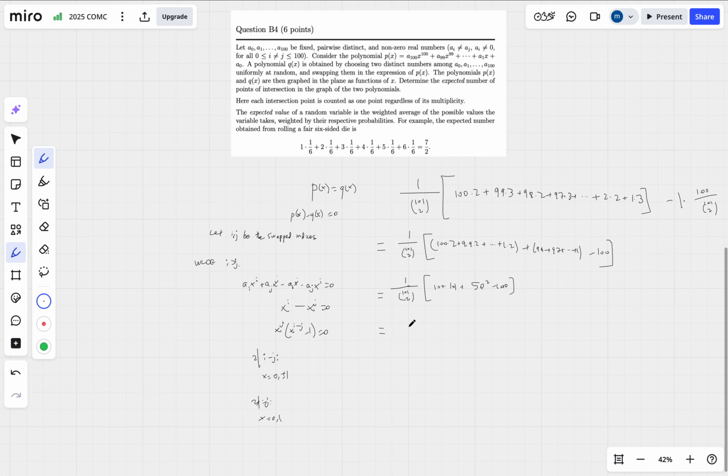Which is equal to 1 over 101 times 50, 100 squared plus 50 squared.